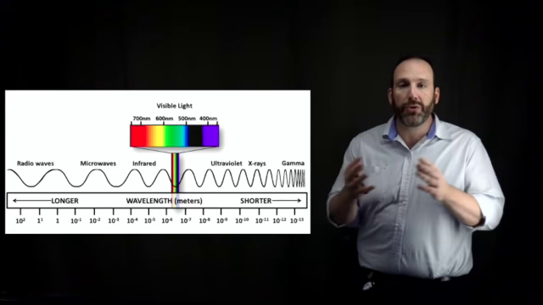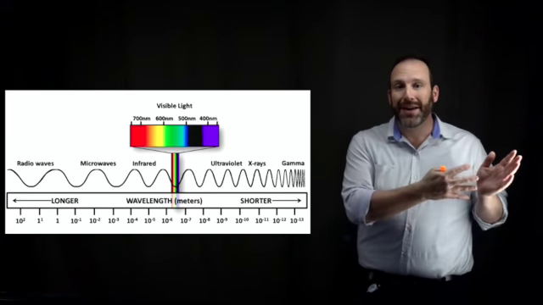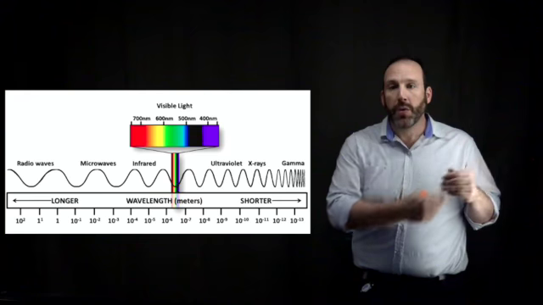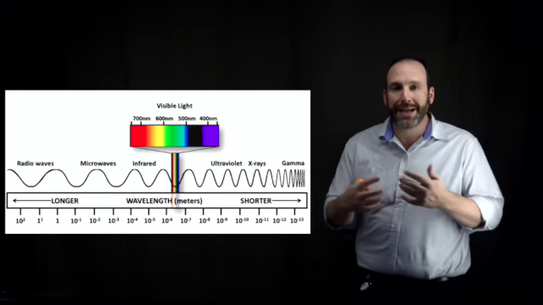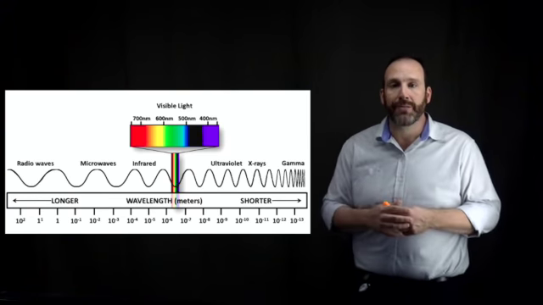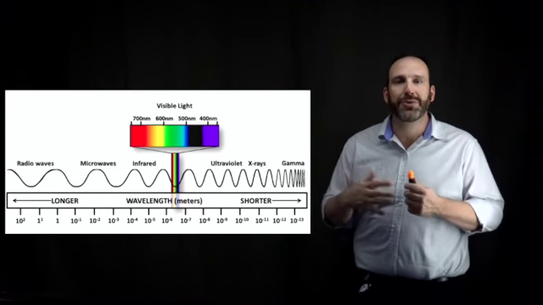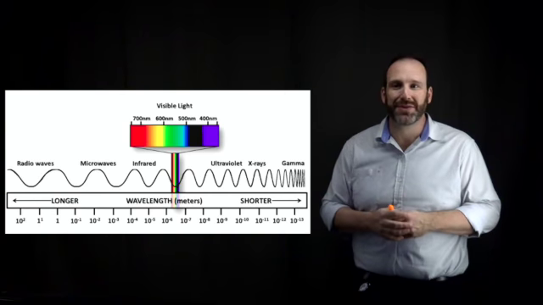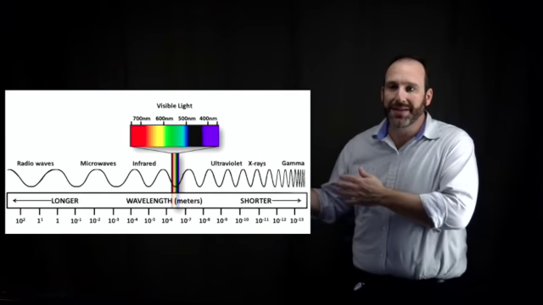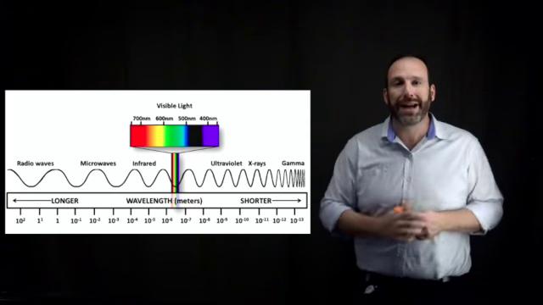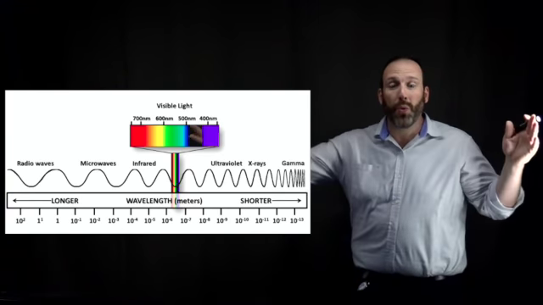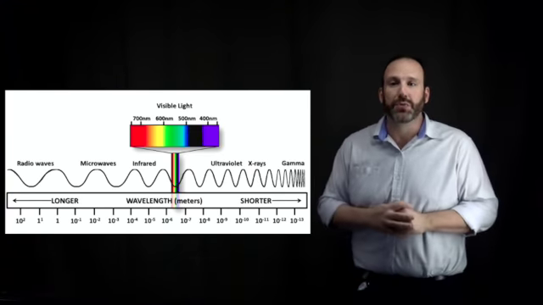If we go all the way to the other end of that spectrum, we're into the 10 to the minus 13 meters, or hundreds of femtometers. So all the way from 10 to the second to 10 to the minus 13th. A huge range for those wavelengths.